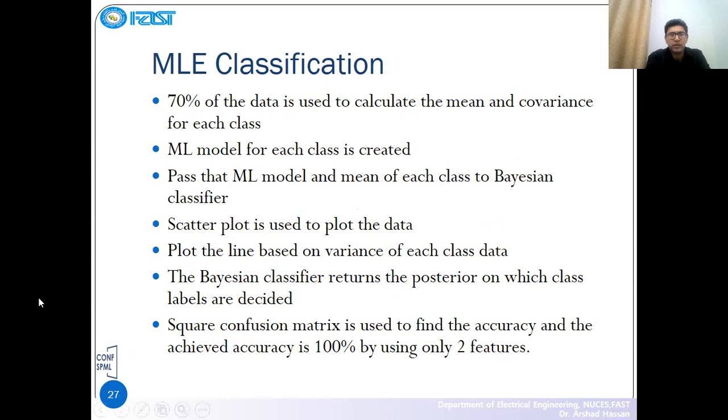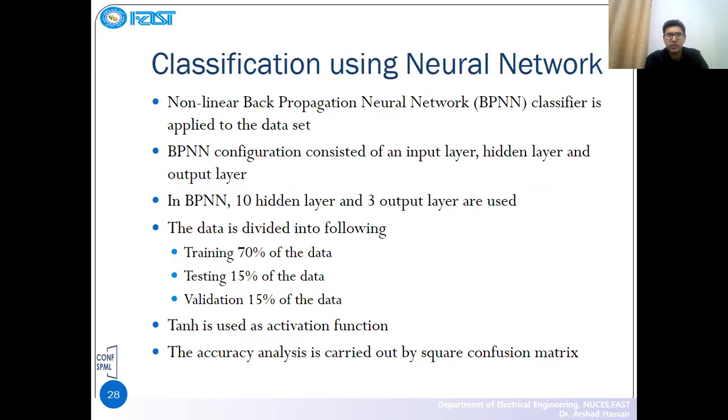And then the ML model for each class is created, and we pass the ML model and mean of each class to the Bayesian classifier, and a scatter plot is used to plot the data on the previous slide. And then we plot the line based on the variance of each class. The Bayesian classifier returns the posterior on which the class labels are decided. And lastly, we use a confusion matrix to find the accuracy, and we achieved 100% accuracy with only two features.